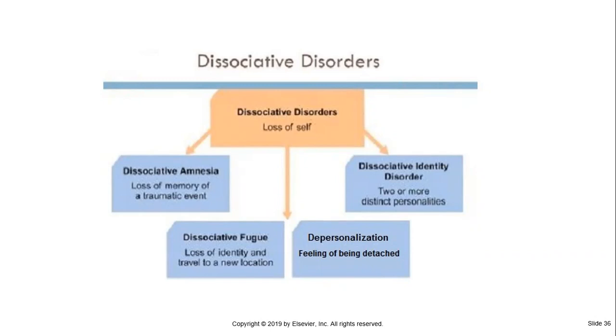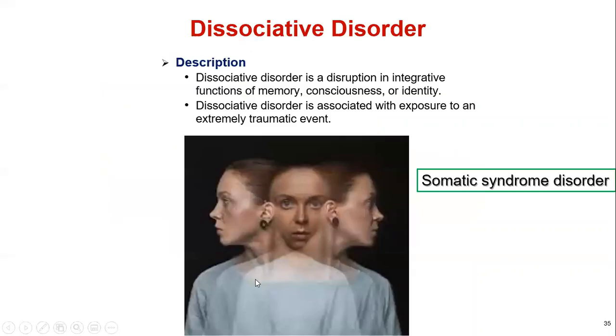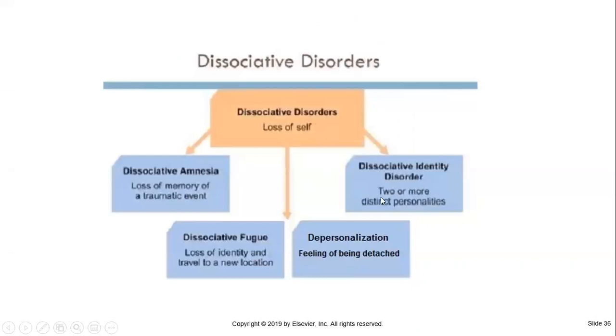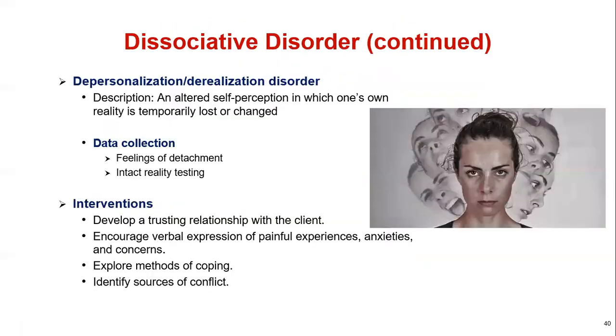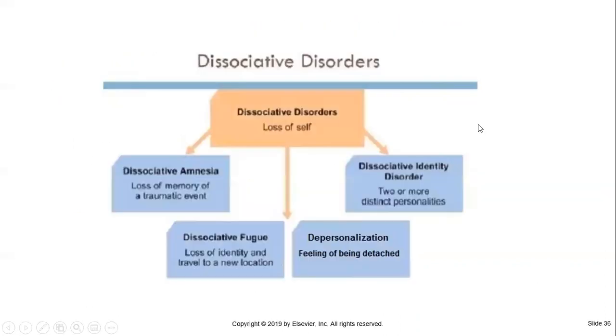Dissociative identity disorder means two or more distinct personalities. You see this picture, we put three: a man or a female, one and two pictures. So it means two or more distinct personalities in one person. In this picture, you see so many faces. Why? Because they are distinct personalities.